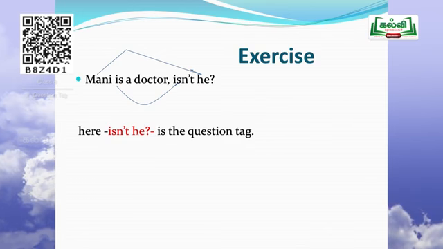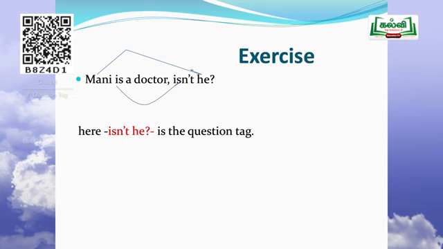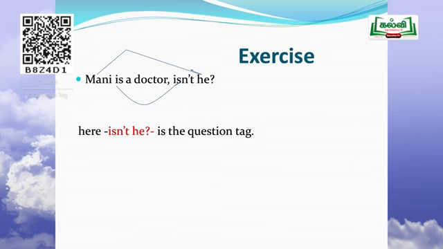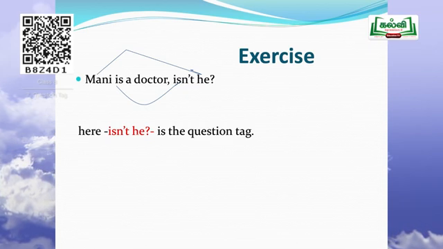Here, obviously we see "is" there. So pick up that "is". We can form a question tag by choosing the auxiliary verb from the given statement.